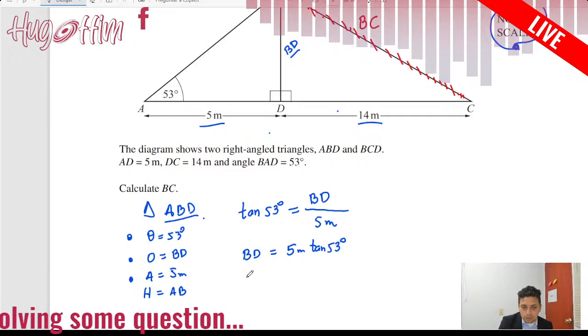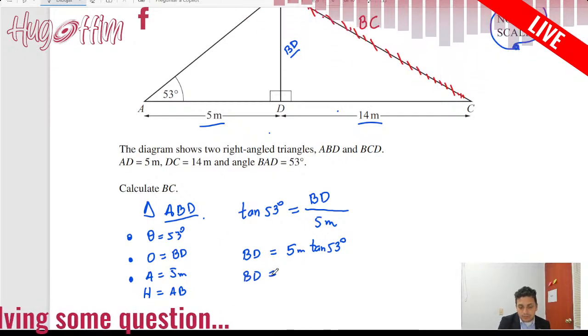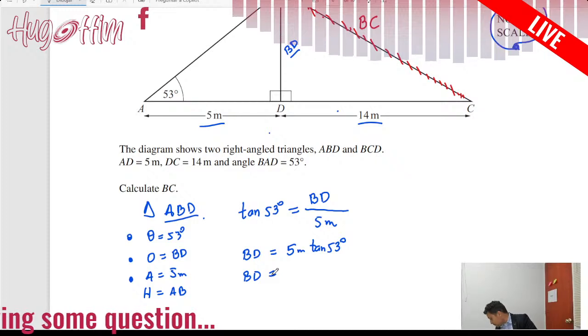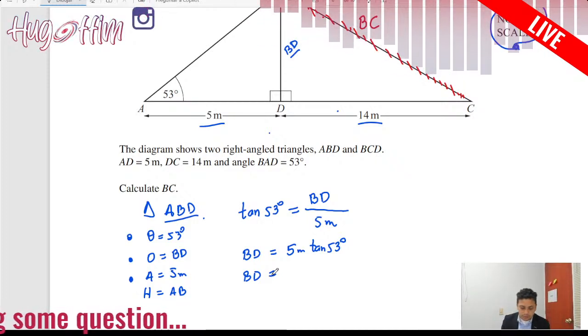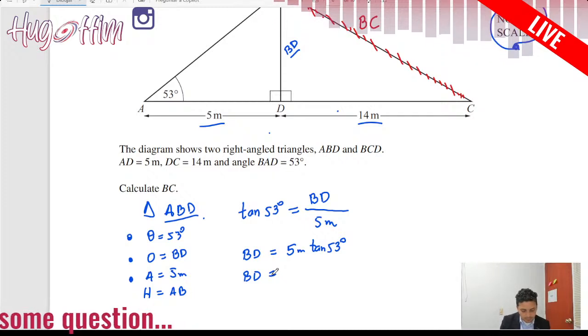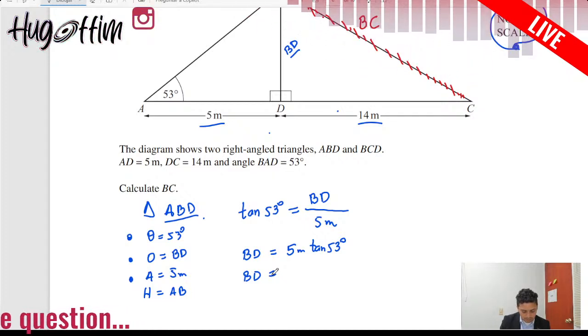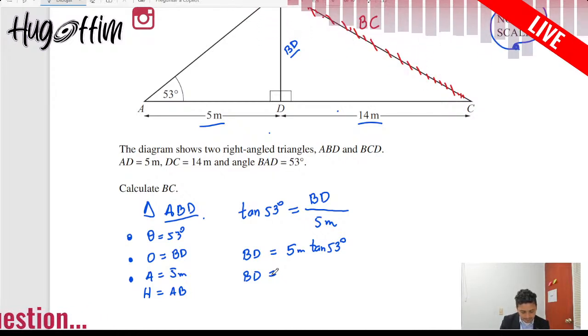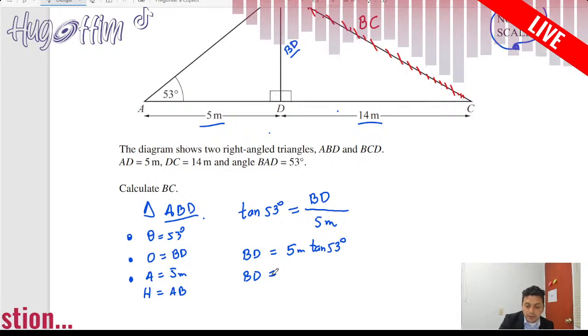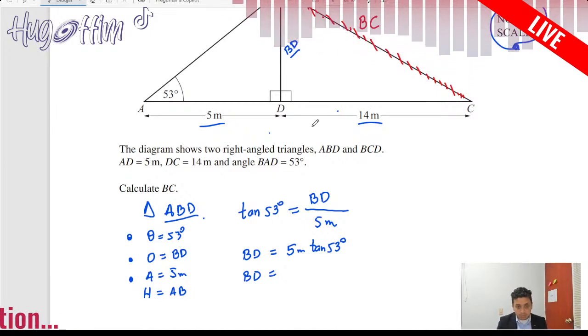Now I'm just going to use a calculator to get my answer. So it says 5 times tangent of 53 degrees, 6.635, so I'm going to round it to 6.64 meters.